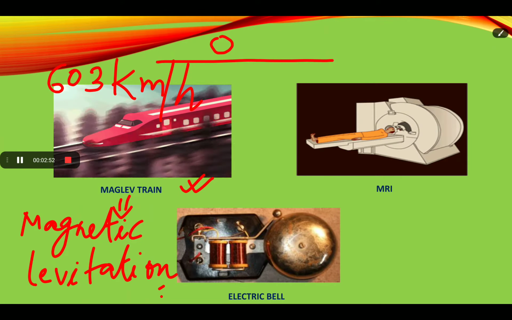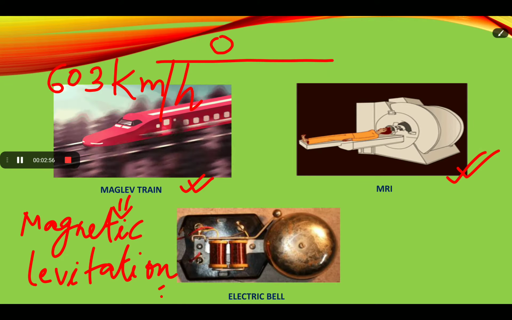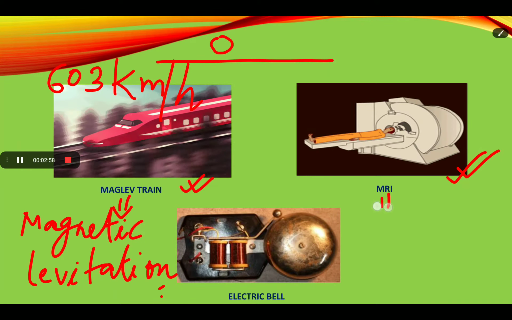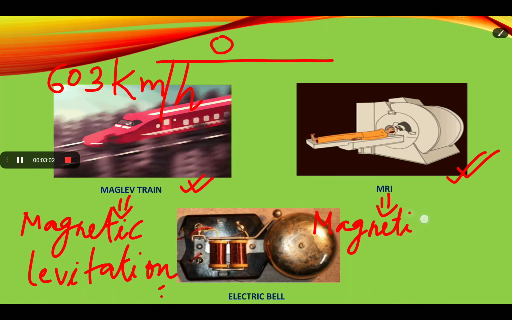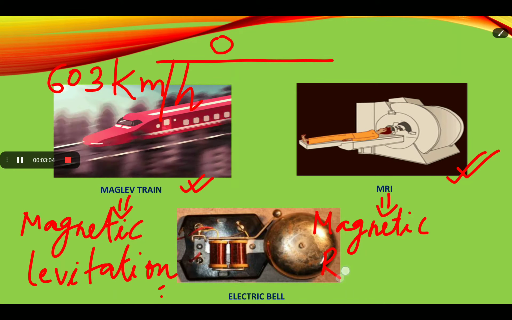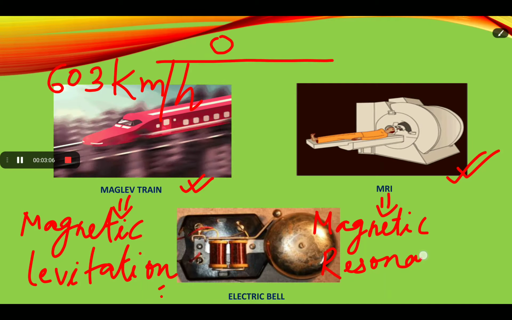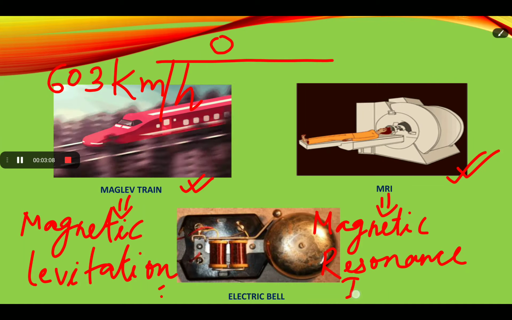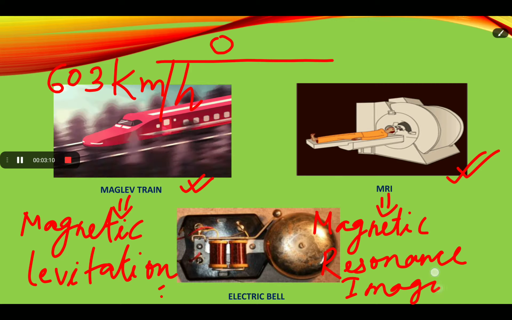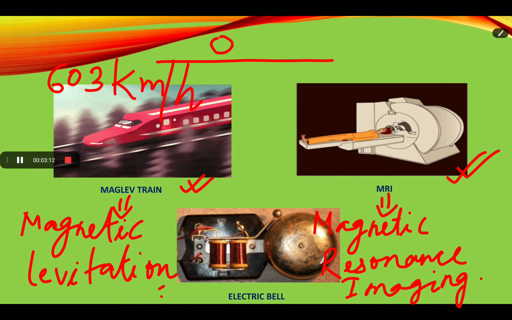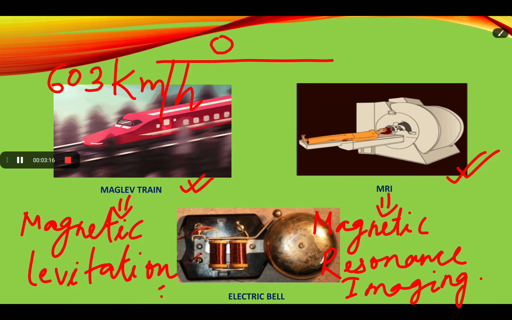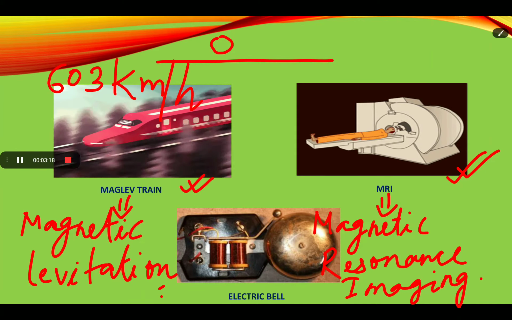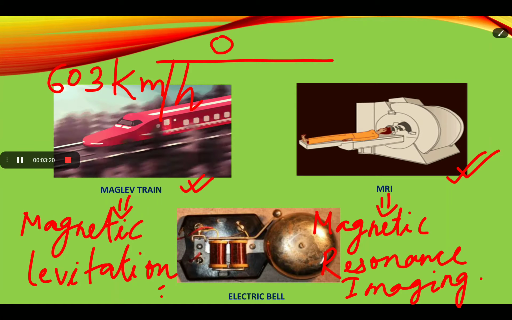Now, in the next image, here is MRI, and MRI stands for magnetic resonance imaging. It is actually a big electromagnet, and if there is any neural problem, it is used in medical science.